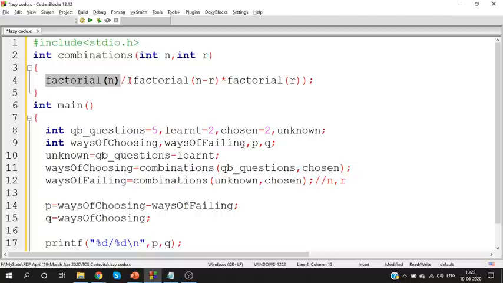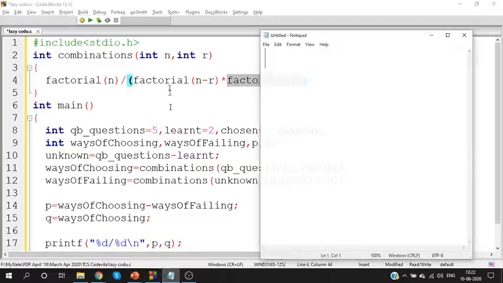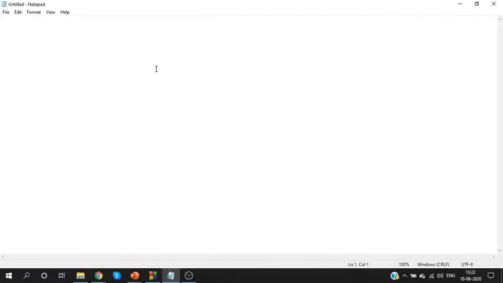I'll tell you a simpler technique for this. When I say 5c2, what will we do? 5 factorial divided by n minus r factorial, which is 3 factorial into 2 factorial. How will you simplify this?